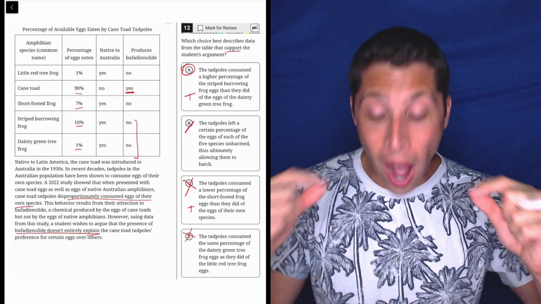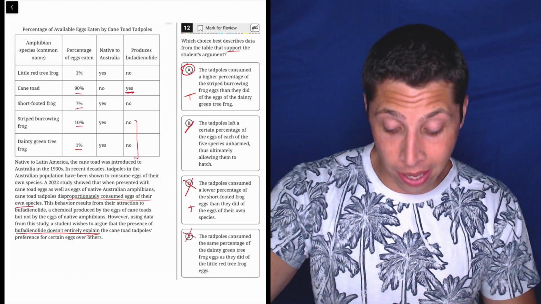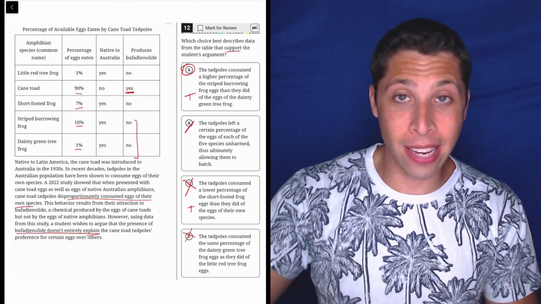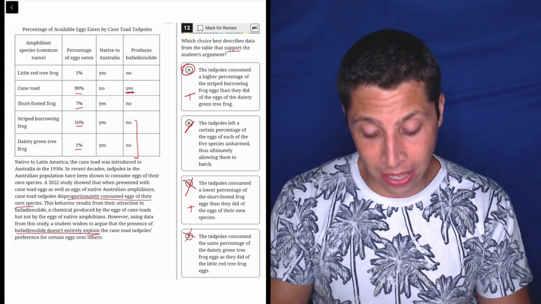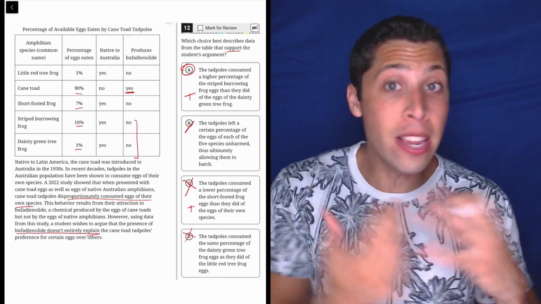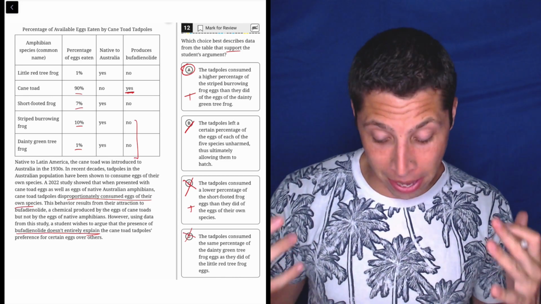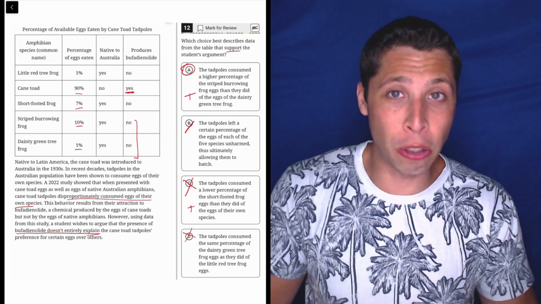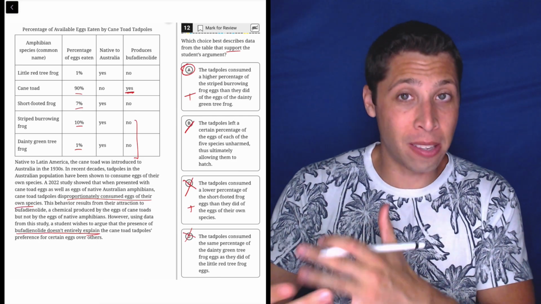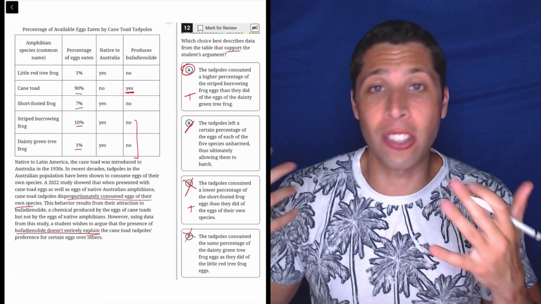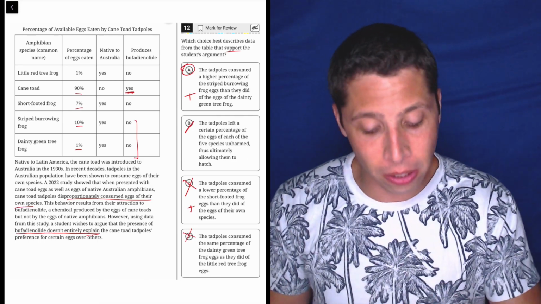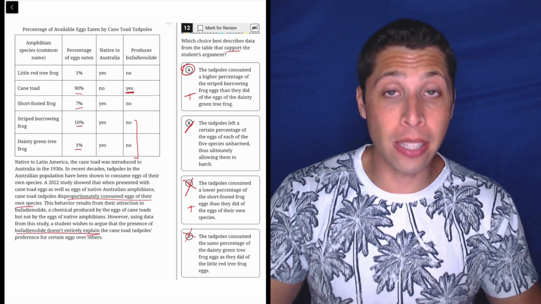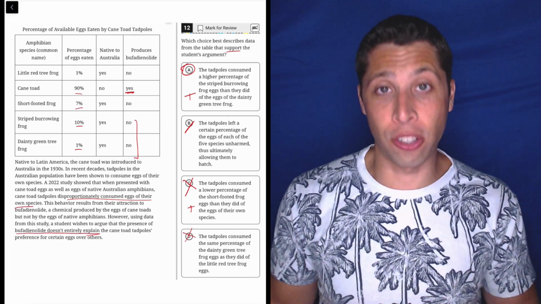So why then are 10% of the striped burrowing frog eggs getting eaten, but only 1% of the dainty green tree frog? If neither of them have this chemical, there must be something else that makes the striped burrowing frog eggs very, very tasty. And that's the student's point. He's not saying what that other chemical might be or what the reason is. He's just saying that this particular chemical is not enough to understand it completely. And so yes, these numbers suggest that.